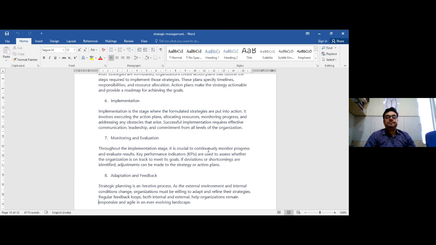The deviations or shortcomings, whatever, they need to be identified and ultimately necessary adjustments need to be made to the strategy or in terms of implementing its action plans.